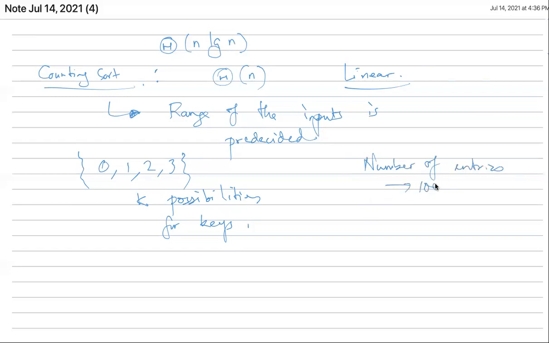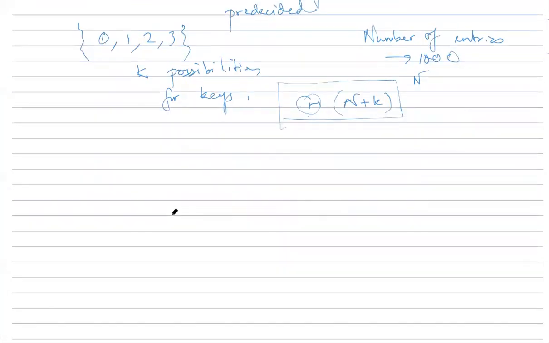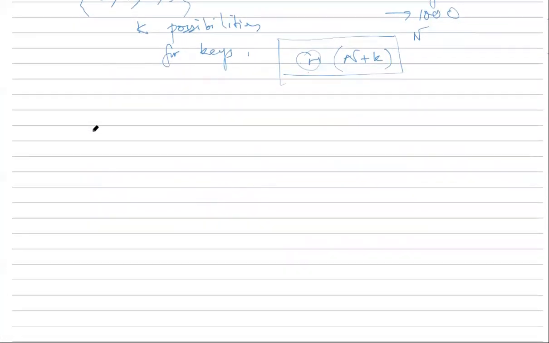It can be maybe 1,000 entries. But any given entry has to fit within these possibilities. So this is our n. So the complexity for counting sort is in fact order of n plus k, and that makes it a linear complexity algorithm. All right, so let's develop some insight with the help of an example.